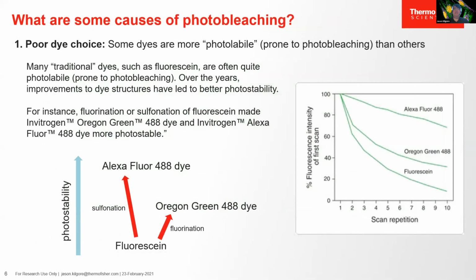So, causes of photobleaching and things that you can do about it. First off, you want to choose a more stable dye. Many of the traditional dyes dating back decades, such as fluorescein, rhodamine, coumarins, and pyrenes in the blue, tend to be much more photolabile, or prone to photobleaching.